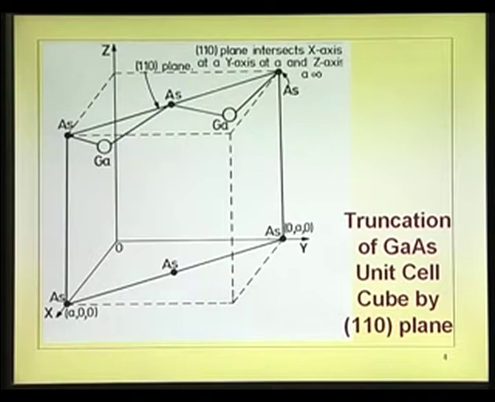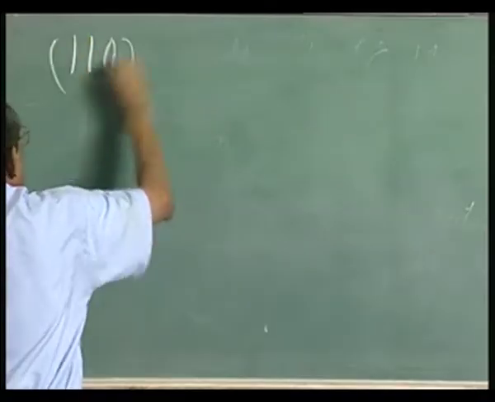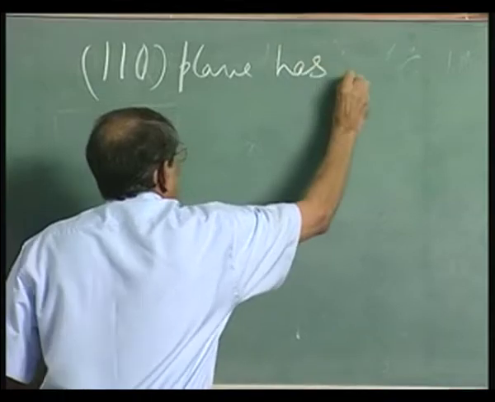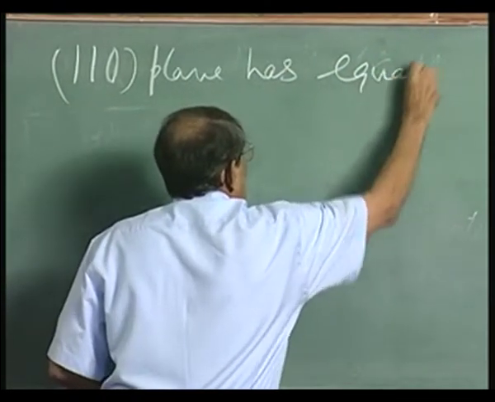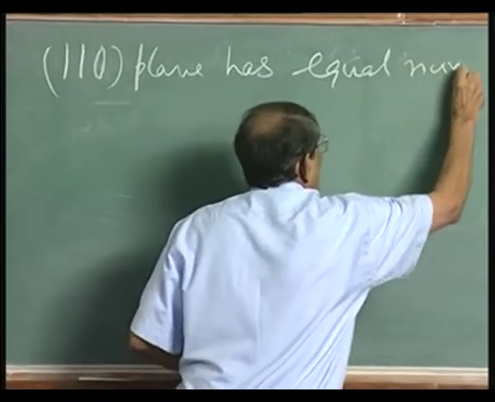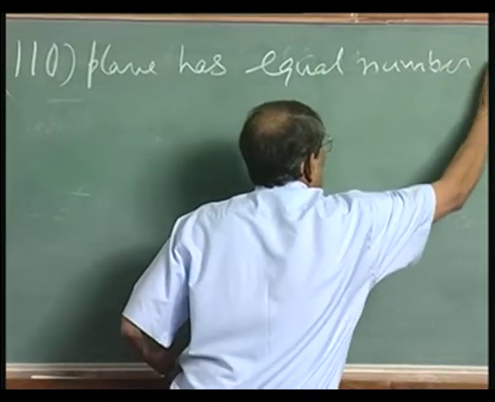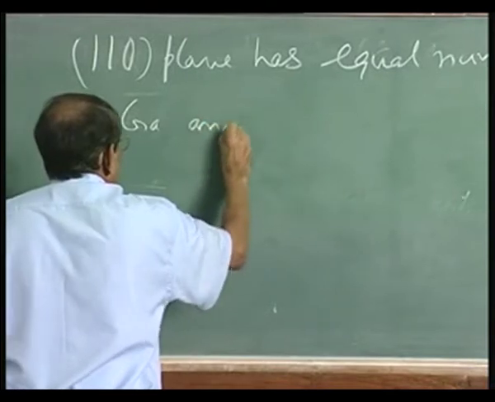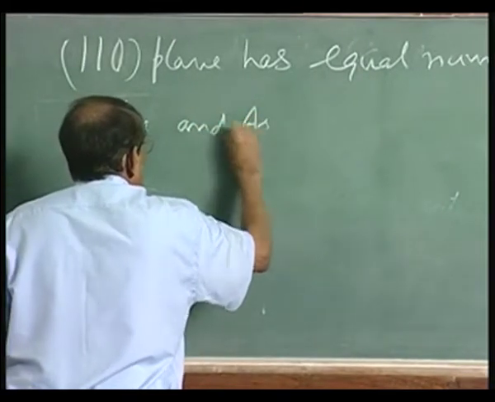If you take a look at 1 1 0, the 1 1 0 plane has an equal number of gallium and arsenic atoms.